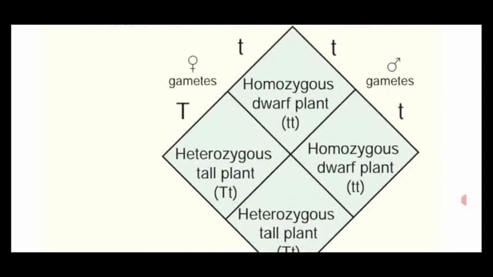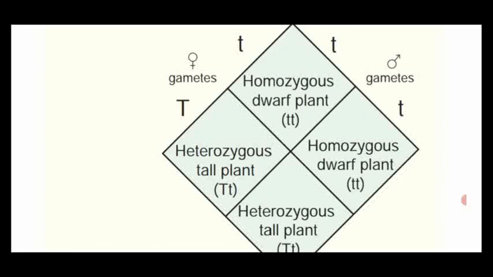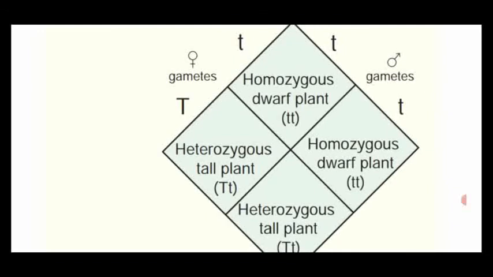See the Punnett square, the gametes capital T, small t from the female plant. Then the male plant has capital T, small t. Note that we have already seen a tall pea plant pollinated with pollen of the dwarf plant.